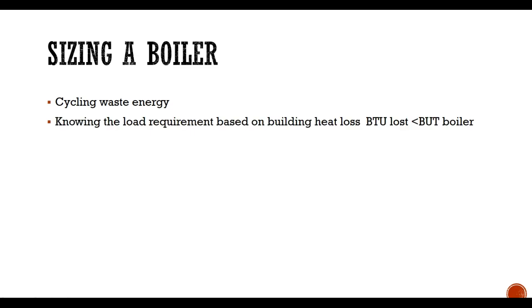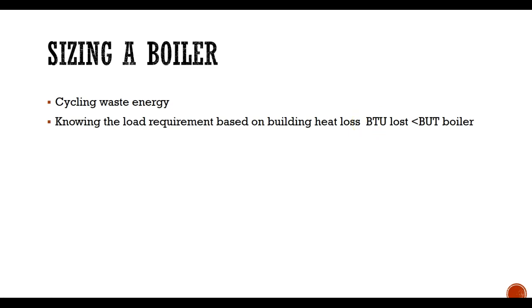Knowing the load requirement based on building heat loss, BTU lost has to be less than the BTU of the boiler. So what does that mean here? That means that the BTU you lose throughout the building has to be less than what the boiler can generate.